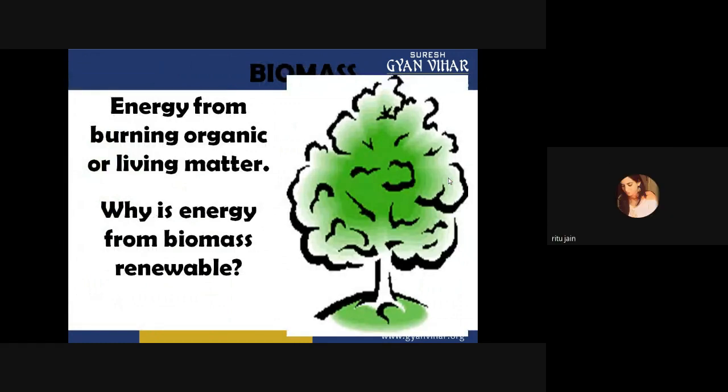We have already discussed that energy from burning organic or living matter is biomass energy. You can see that these energy sources are also infinite. Trees, you can regrow the tree. Cow dung is also available every time. And the third one is agriculture waste. So these are your renewable energy sources.